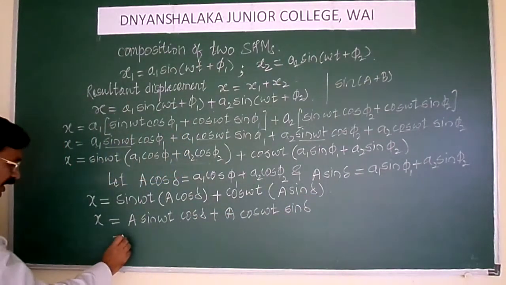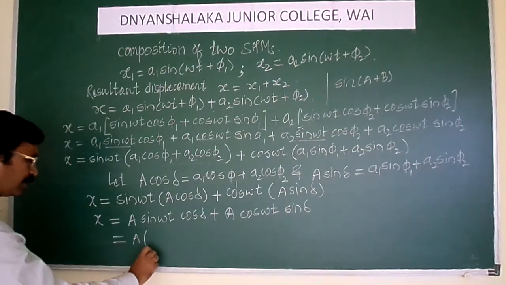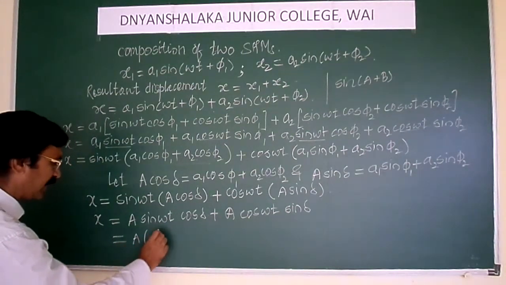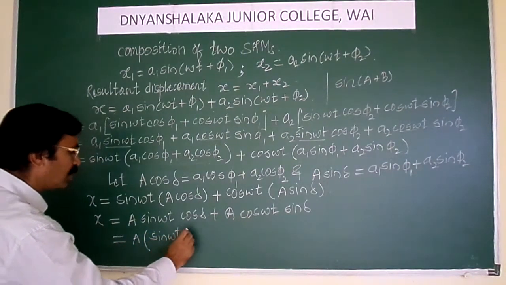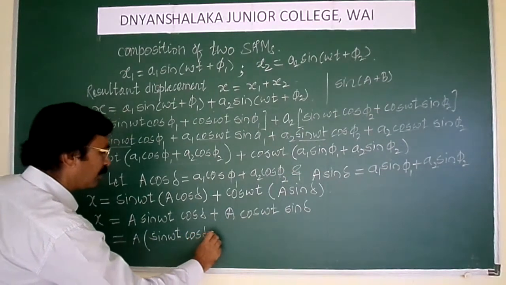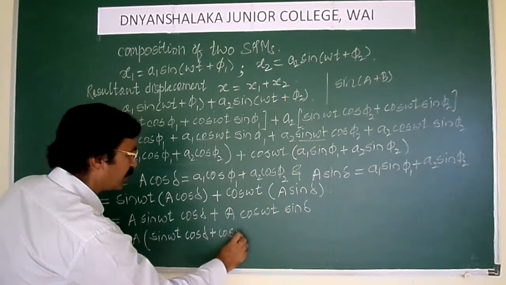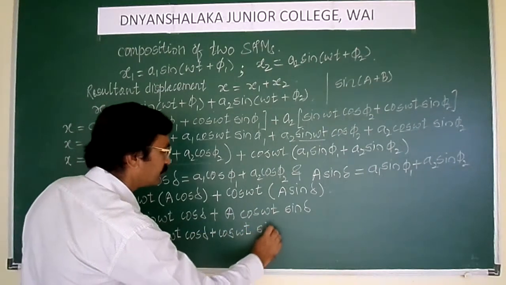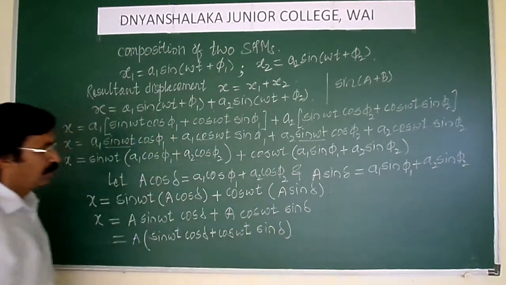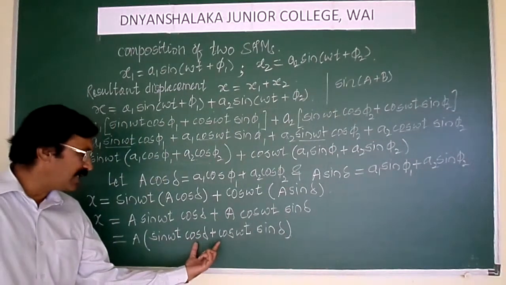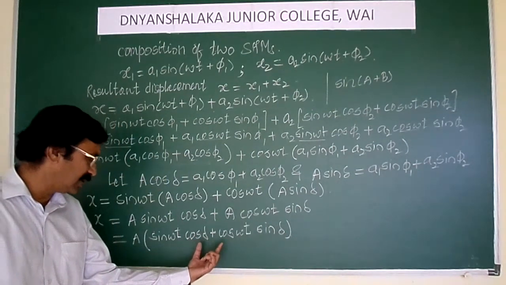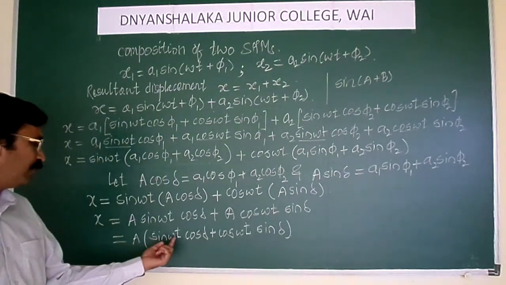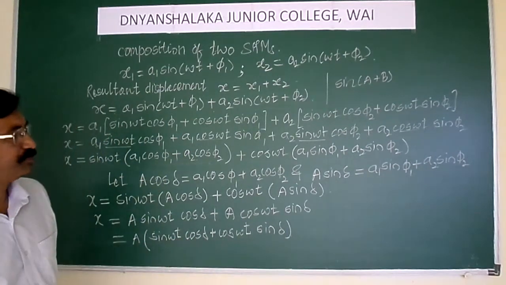So if we take A common, this will be sin ωt cos δ + cos ωt sin δ. So this is the expansion of the term sin(ωt + δ).